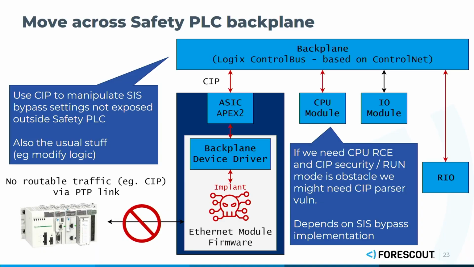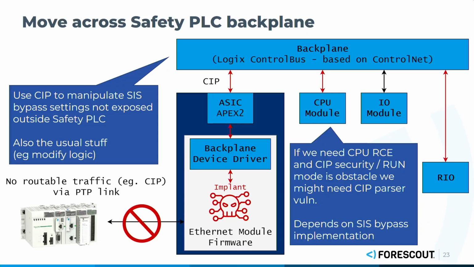On this Ethernet module, you have no need for further privilege escalation because you're already running in supervisor mode and there's no task separation there. Once I am on the Ethernet module, I'm no longer bothered by the restrictions of this point-to-point link, because I can talk directly to the backplane device driver of this Ethernet module, which allows me to talk to an ASIC called the Apex 2 ASIC, which is the backplane ASIC for the Logix backplane bus.